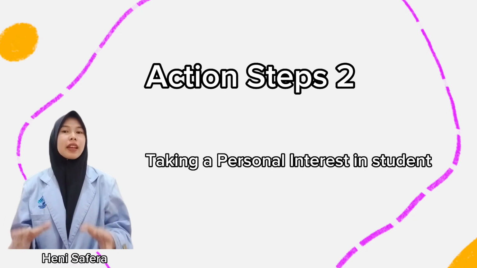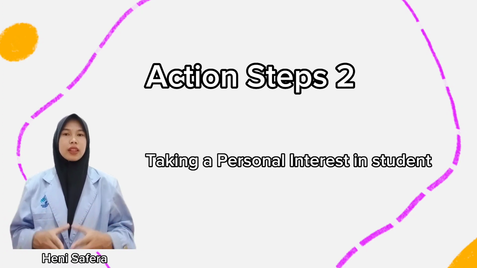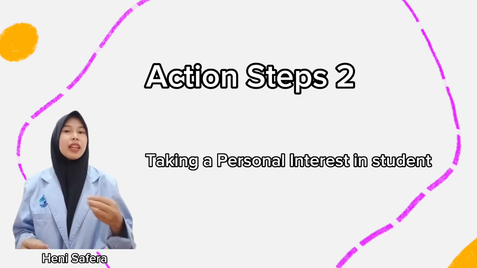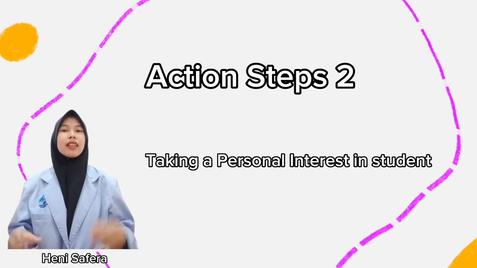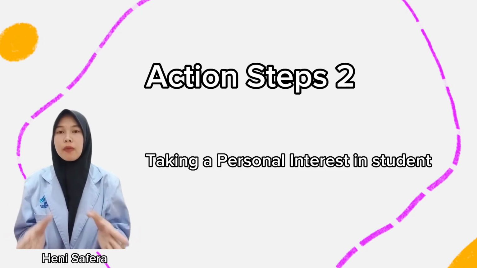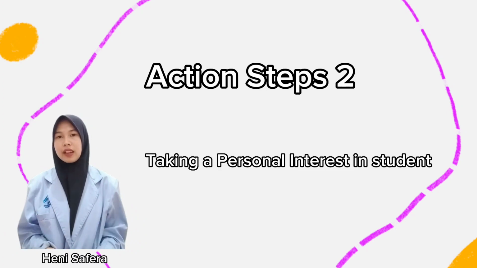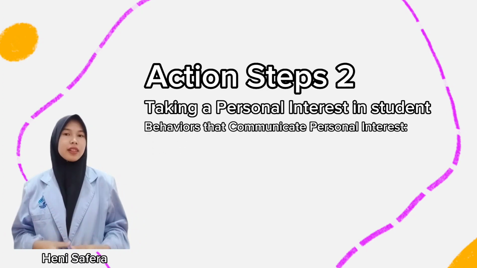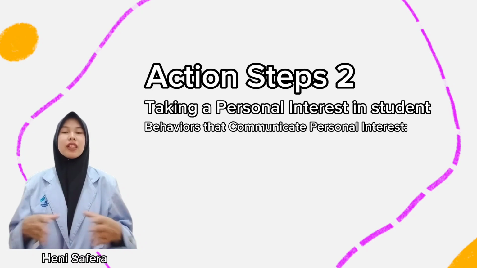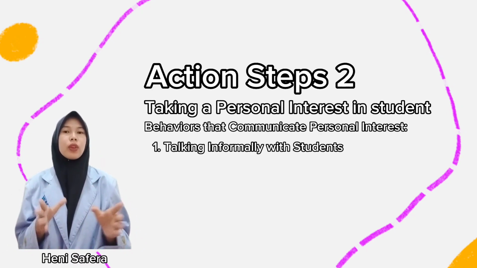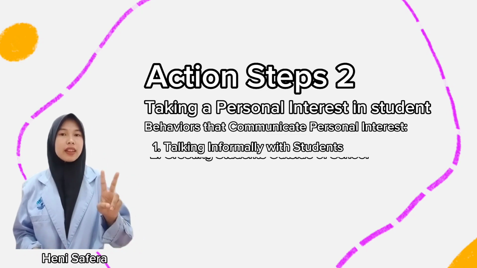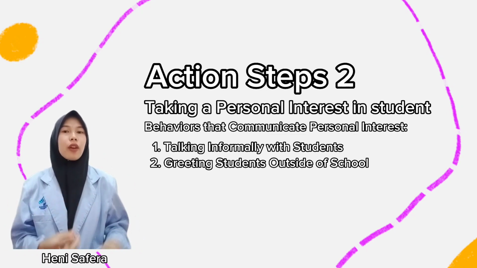Next is taking a personal interest in students. Virtually anything you do to show interest in students as individuals has a positive impact on their learning. Here are some behaviors that communicate personal interest. The first, talking informally with students. The second, greeting students outside of school.